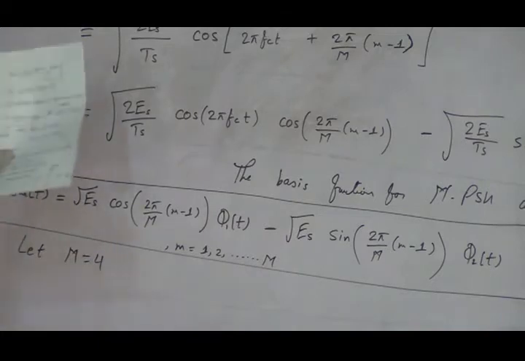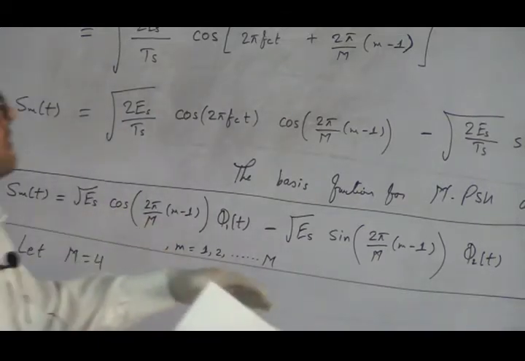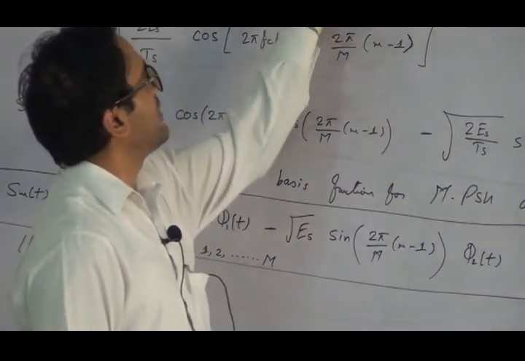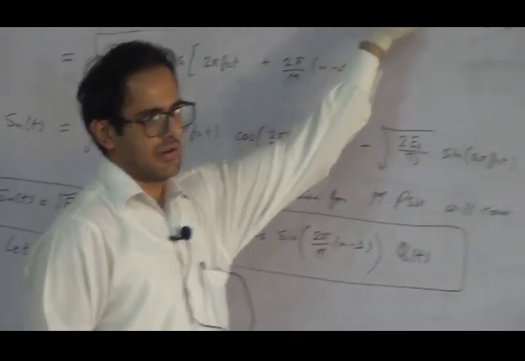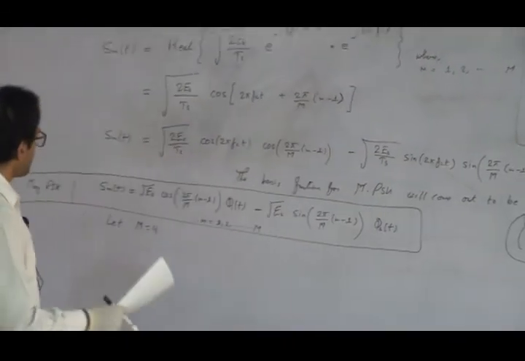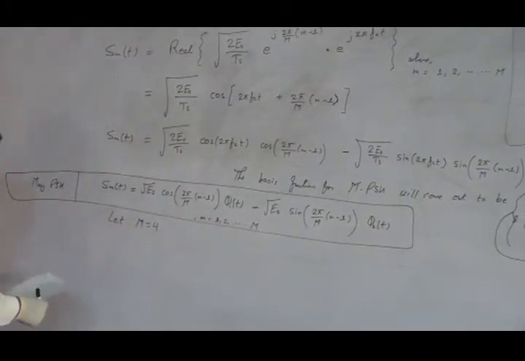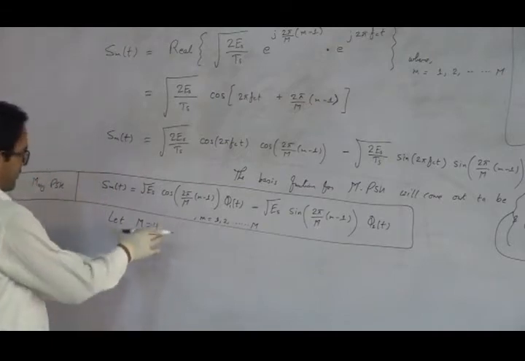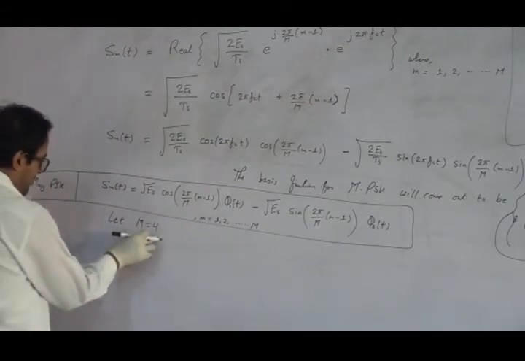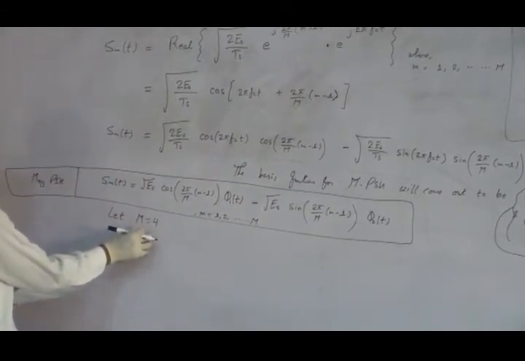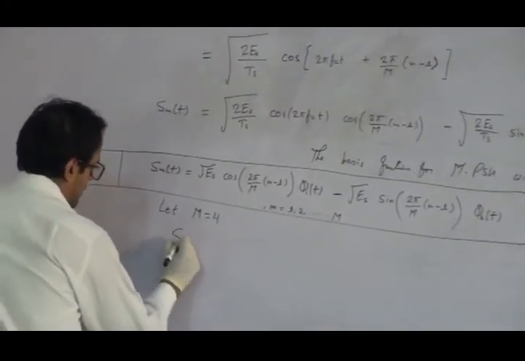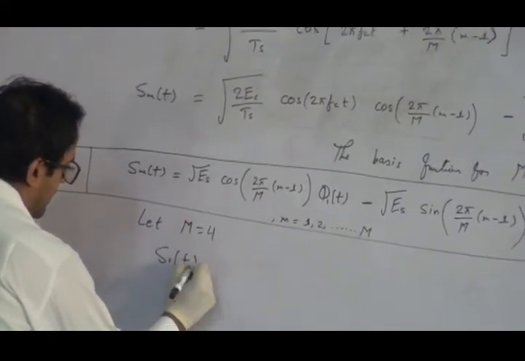Since we are calling it phase shift keying, you need to see how the different unique phases are being added onto the carrier signal's frequency, right? So let's see the calculation behind the different phases and of course the expressions. If you substitute capital M equivalent to 4, you are going to get 4 different signals.